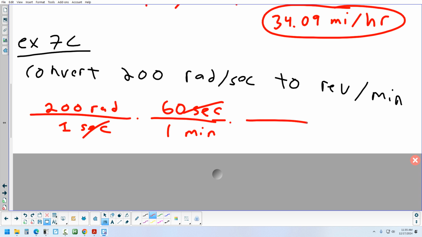Next conversion. We're trying to get rid of what and end up with what? Get rid of radians and get revolutions. What's the connection between radians and revolutions?